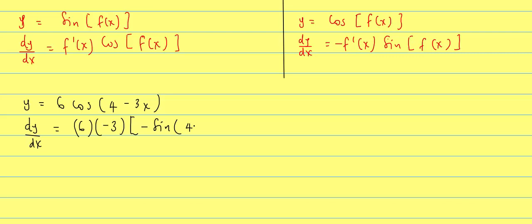We maintain the angle, which is 4 minus 3x, and then all we have to do is tidy this up. Multiply everything out. 6 times 3 gives us minus 18. Multiply by that negative, so it's going to be a positive 18 sine (4 minus 3x).